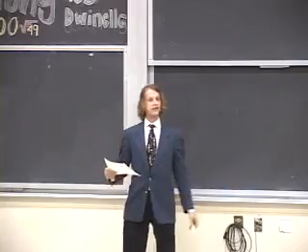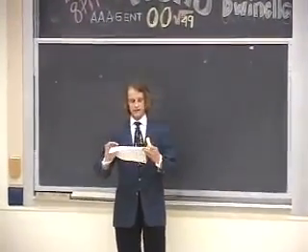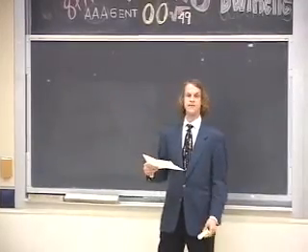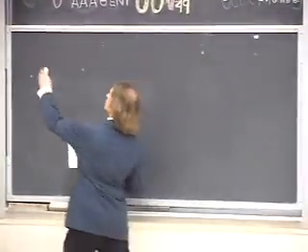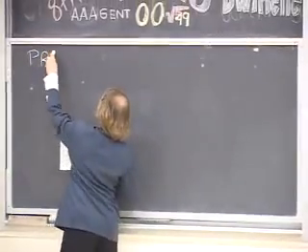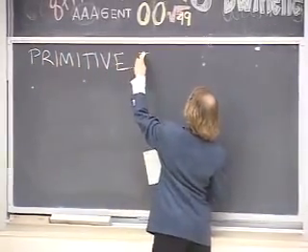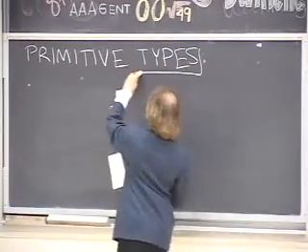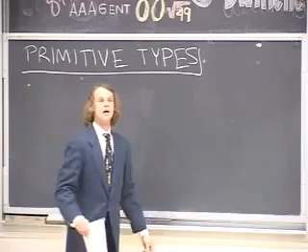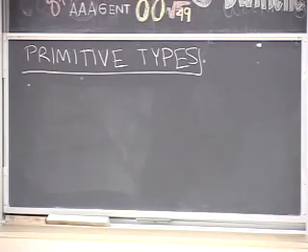So today's lecture is going to be on several things, including if statements and the return statement and Boolean values, and we're going to start off with primitive types. I started off the lectures by talking mainly about reference types, but Java has primitive types as well.